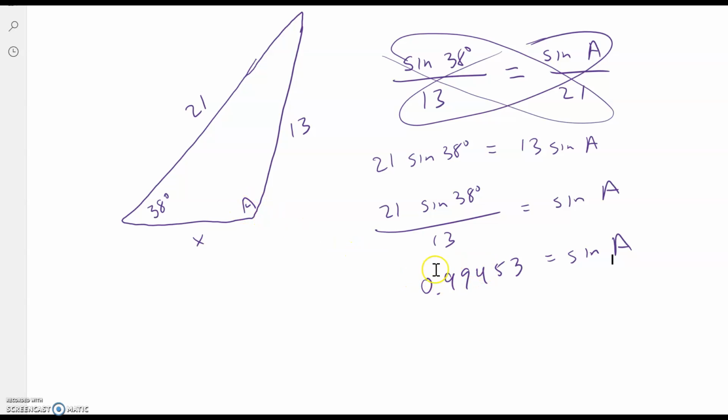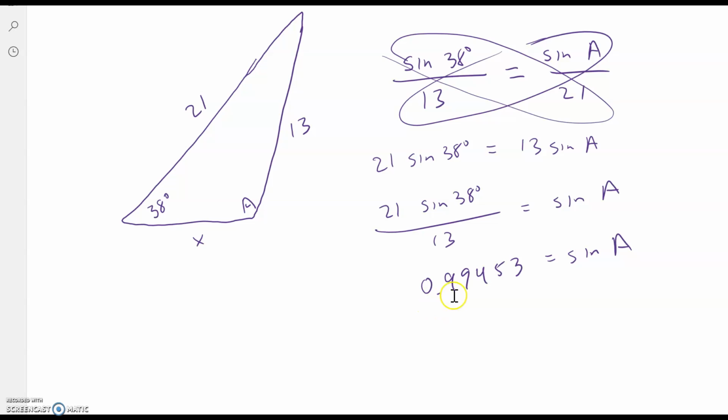If you get an answer that's like 1 point something, then you made a mistake, or it's impossible to solve, which sometimes happens also. But this is less than 1, so it looks like I'm on the right track, and there is a legitimate answer to this.